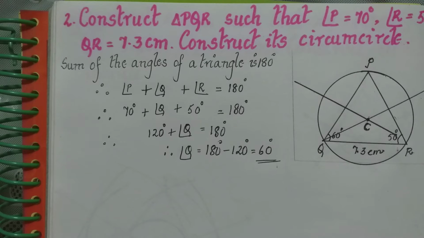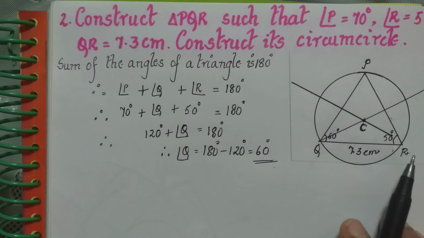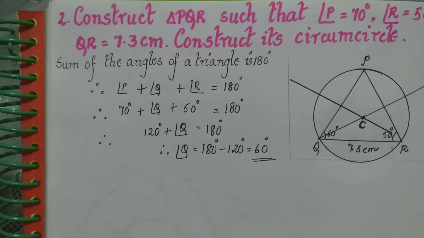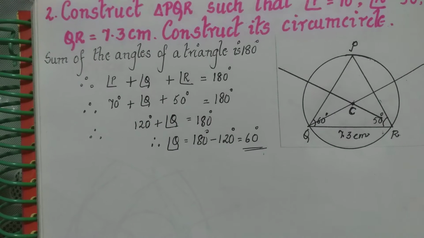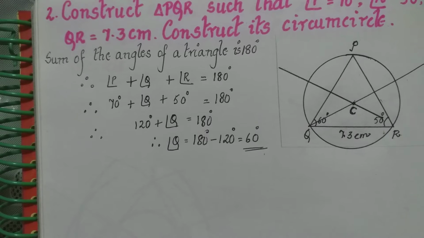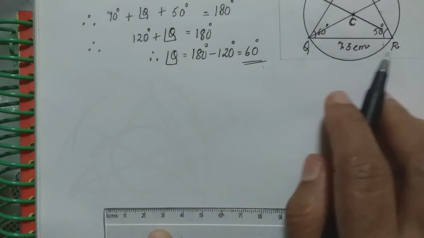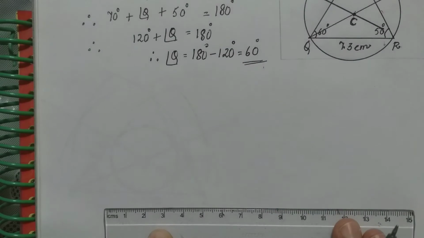So this is the rough figure of constructing the circumcircle. Now what have we to do? We have to go now to the fair figure. Now first we draw this QR, which is the base of 7.3 centimeter.